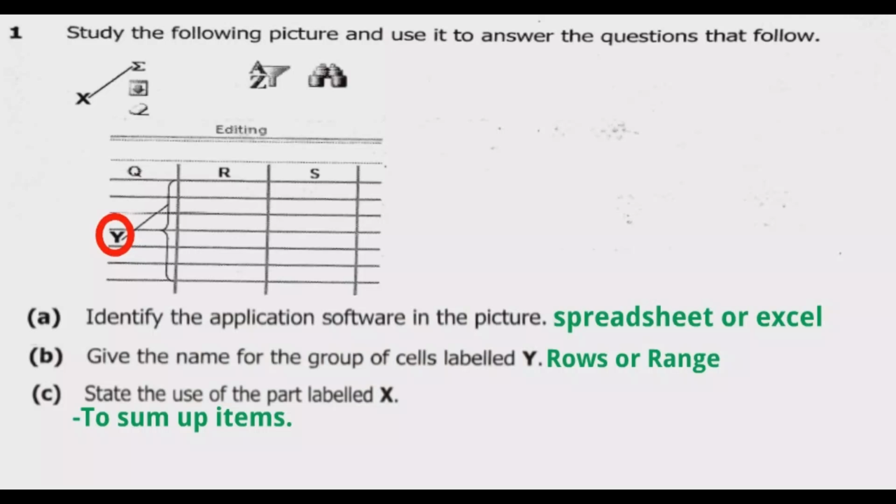So if you enter the values, that will help you to come up with the total of those values. The other one is also to add values or numbers. That is the purpose of that symbol there.